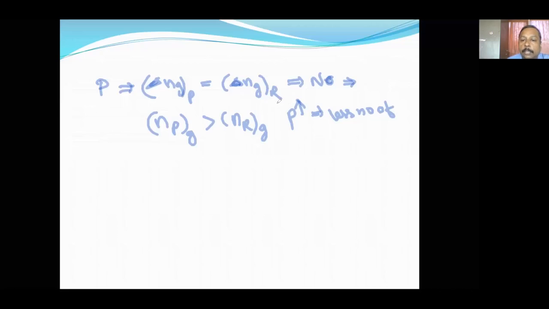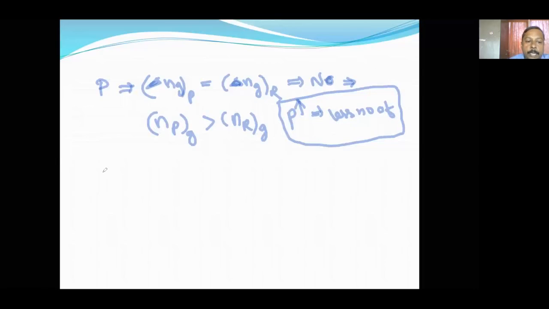This is the thumb rule you will use: more pressure, fewer moles; less pressure, more moles. Accordingly you can apply it. Is it understood? So this is about pressure.